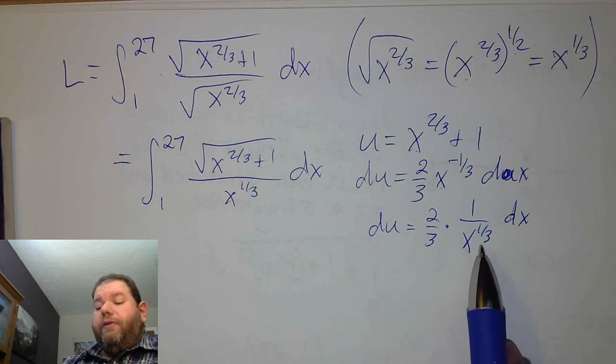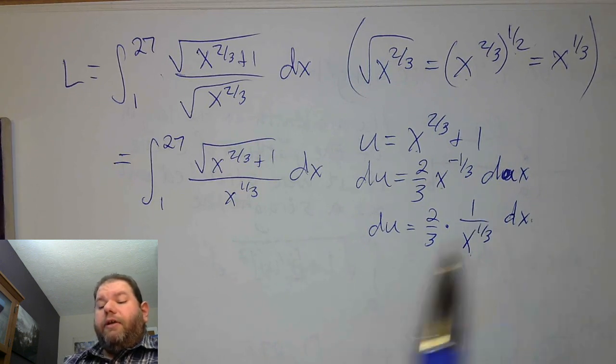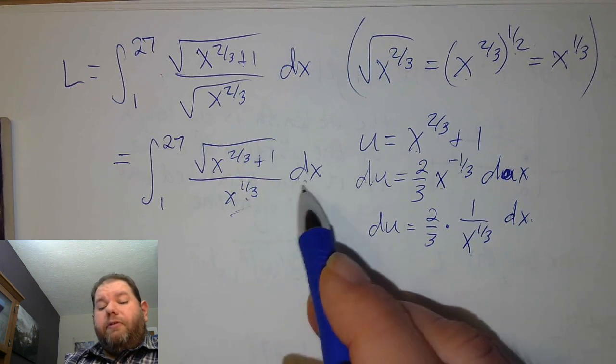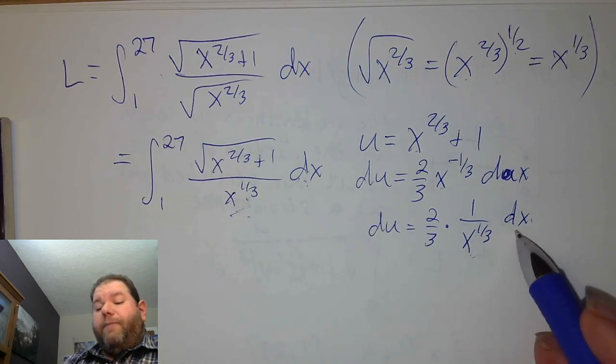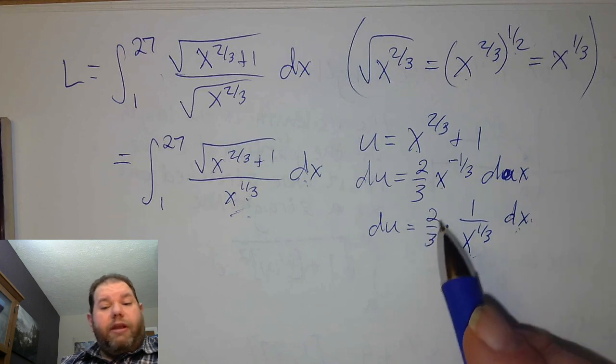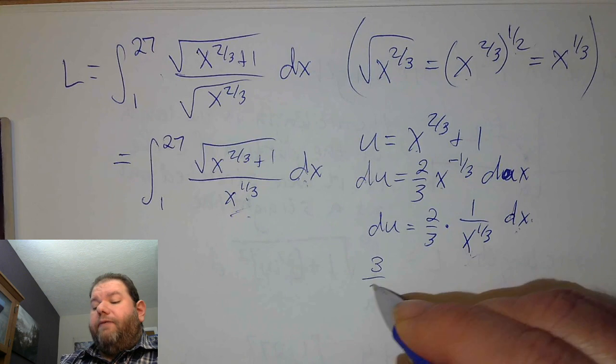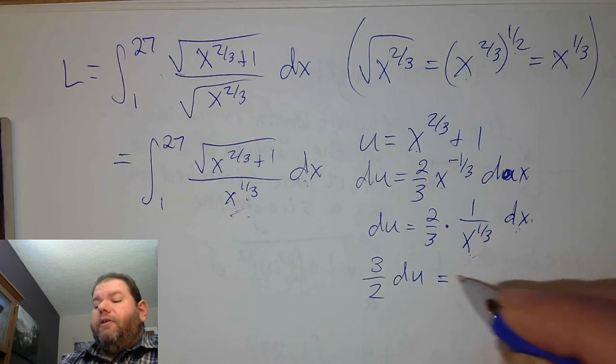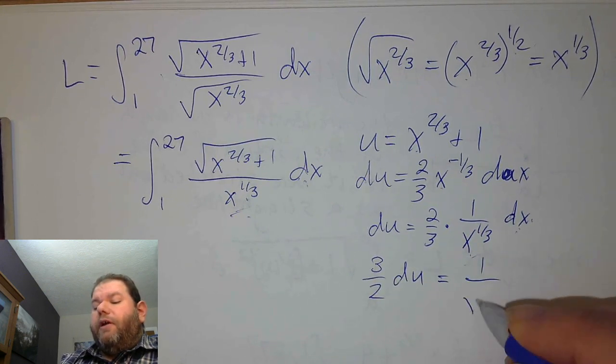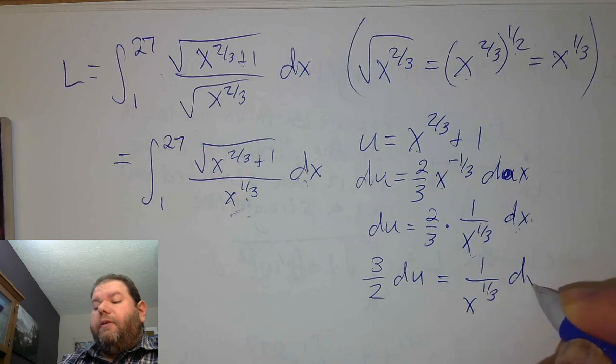And so now we see 1 over x to the 1/3 dx, that's what these two terms represent right here. So we have both of those terms. What we don't have is the 2/3, so instead we'll say 3/2 du is equal to 1 over x to the 1/3 dx.